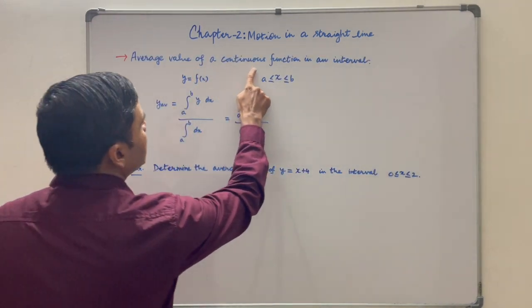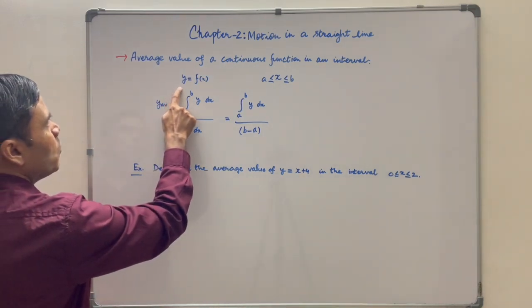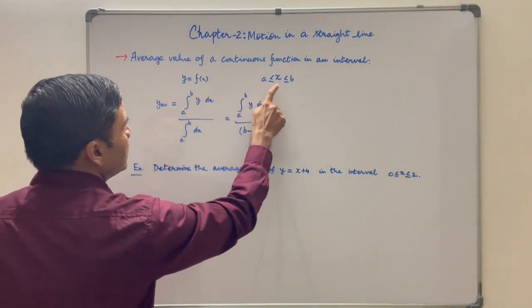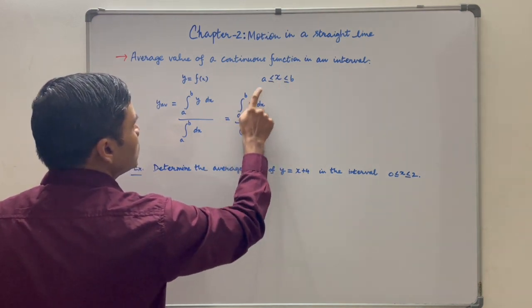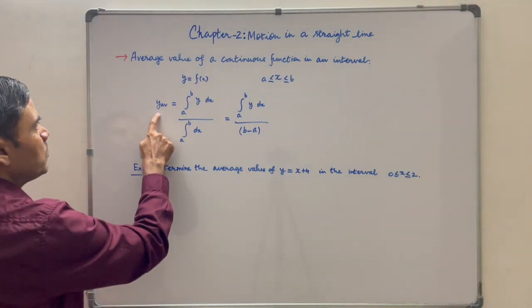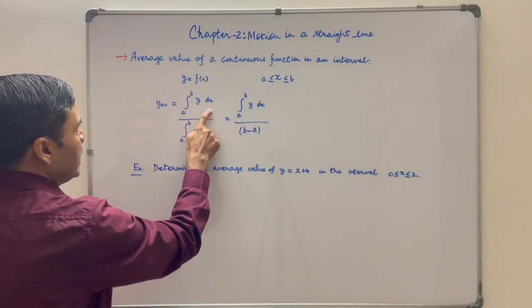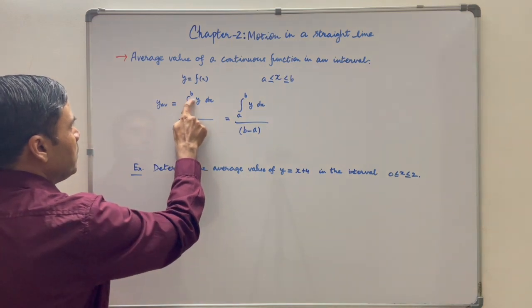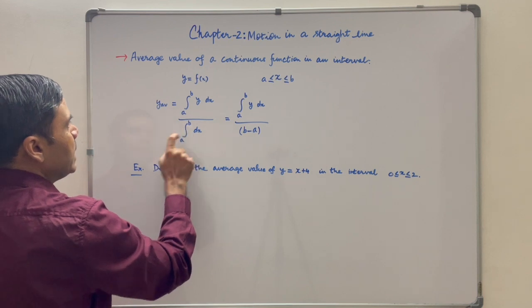Average value of a continuous function in an interval. Consider the function y is equal to f(x) and interval is x lies between a to b. So the lower limit is a and upper limit is b. So average value of y is given by the formula integration of y dx between limits a and b upon integration of dx between limits a and b.